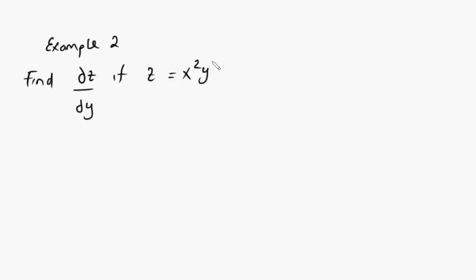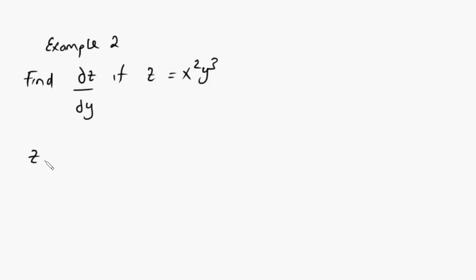Now see example 2, tuimarisha uelewa. Call this example 2. So example 2 says that find partial derivative of z with respect to y if z is equal to x squared y cube.